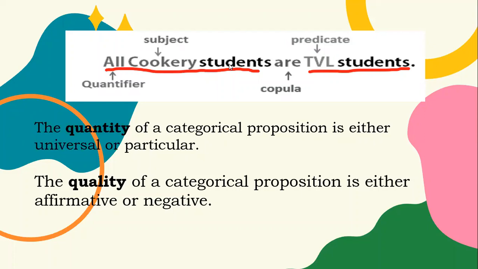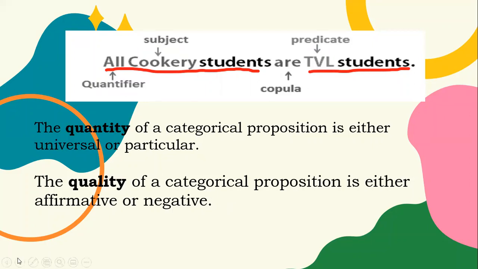While for the quality of the categorical proposition, it's either affirmative or negative. When is it affirmative? The positive I mentioned earlier: when the copula used is are, it's affirmative. But if the copula used is are not, or there is a not there, then the quality of the categorical proposition is negative.